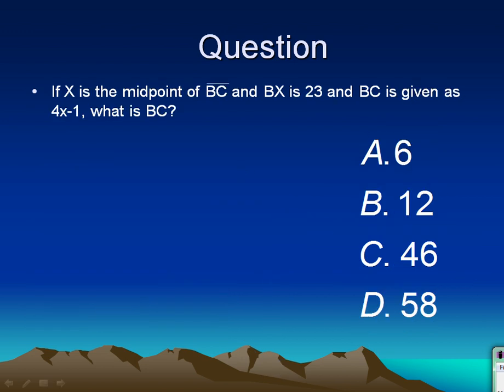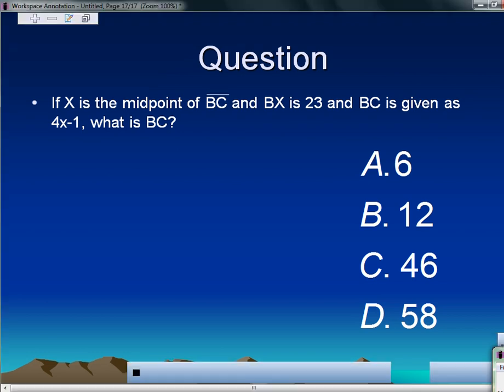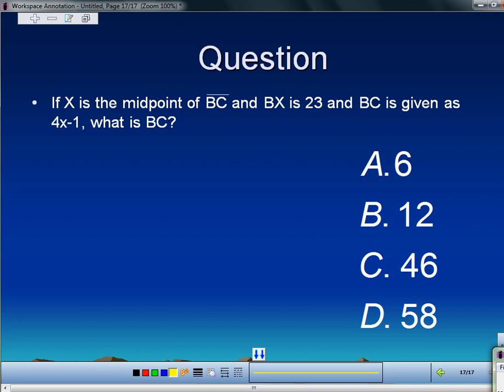All right, let's take a look at these problems. If X is the midpoint of BC, and BX is 23, and BC is given as 4x minus 1, what is BC? So let's draw this problem out.